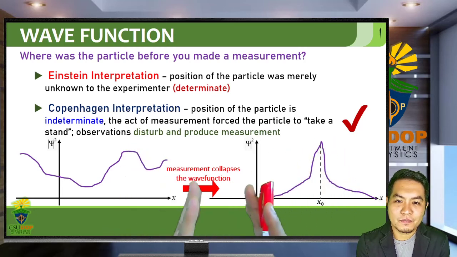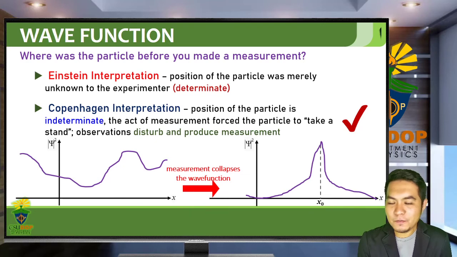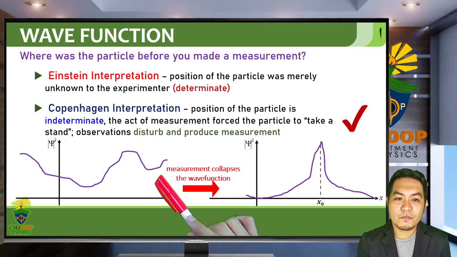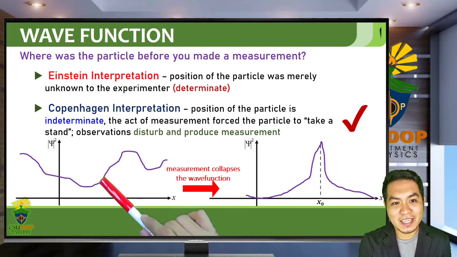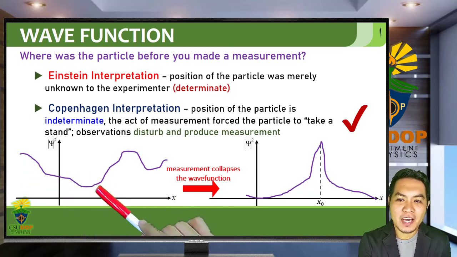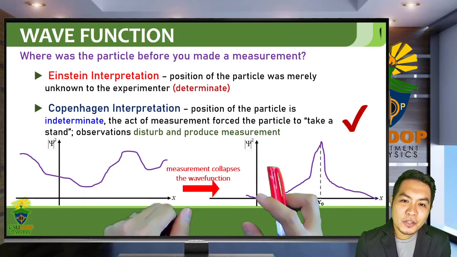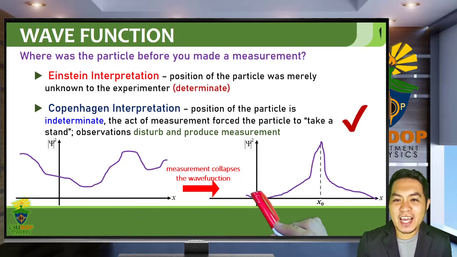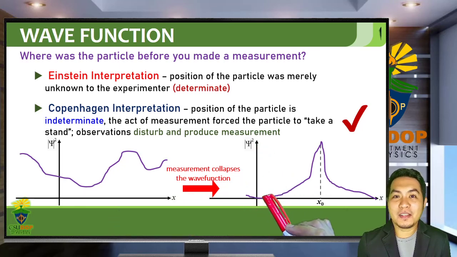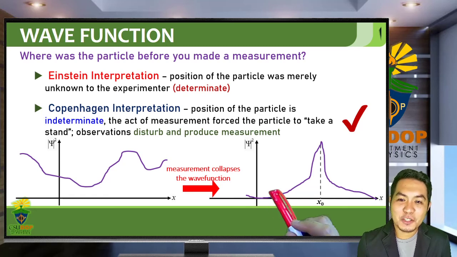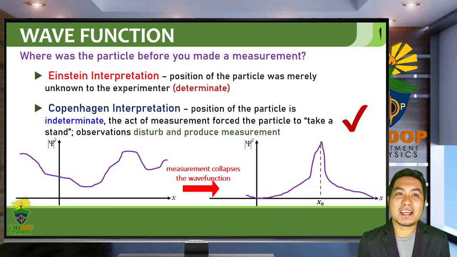If you no longer observe the particle, the wave function will relax again. And if you measure it again later, you again force the particle to take a stand, and you will expect to get a different result. That's the weird thing about quantum mechanics.